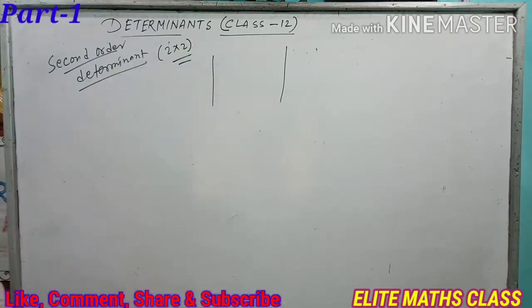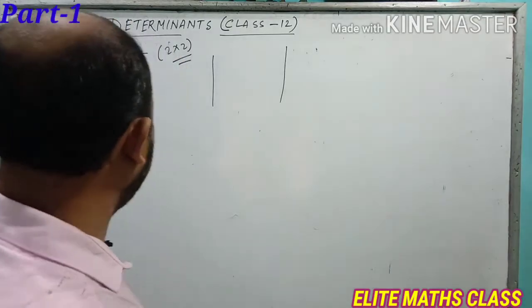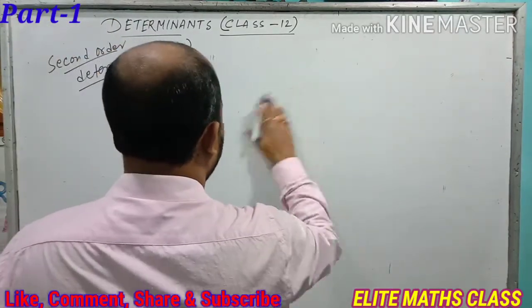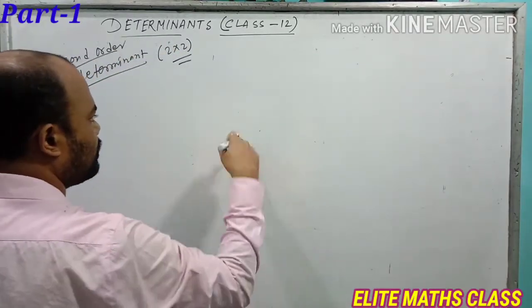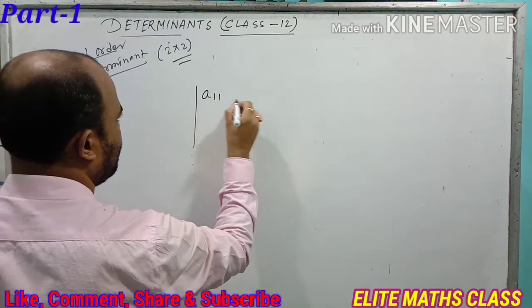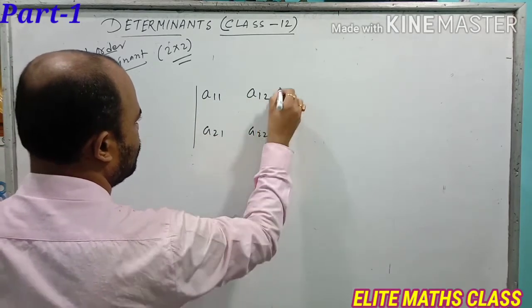Remember always, a determinant means the number of rows equals the number of columns, that is 2 by 2, 3 by 3, 4 by 4, etc. In general form, according to that position notation, say the first element is A11, A12, A21, A22.